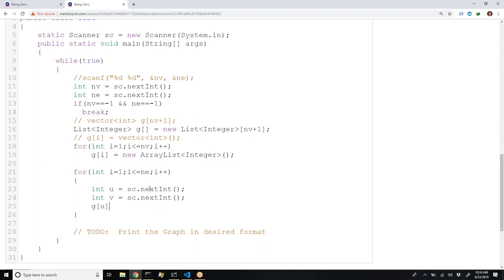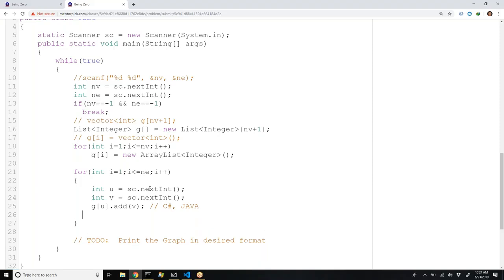So this is the list of U. Then we'll add V to that. This will work in C# and Java also. Next line you will say G of V dot add U.